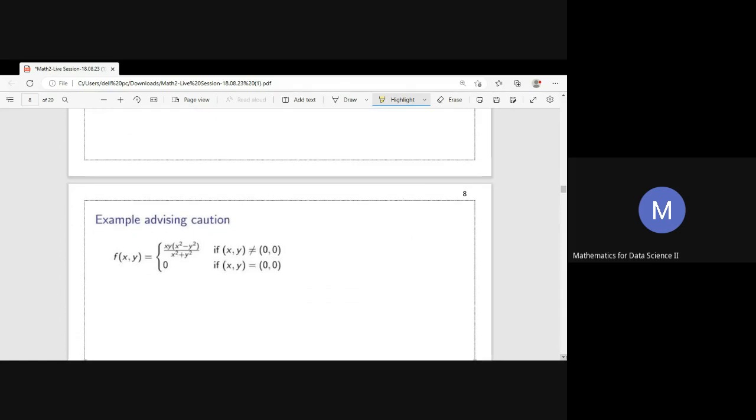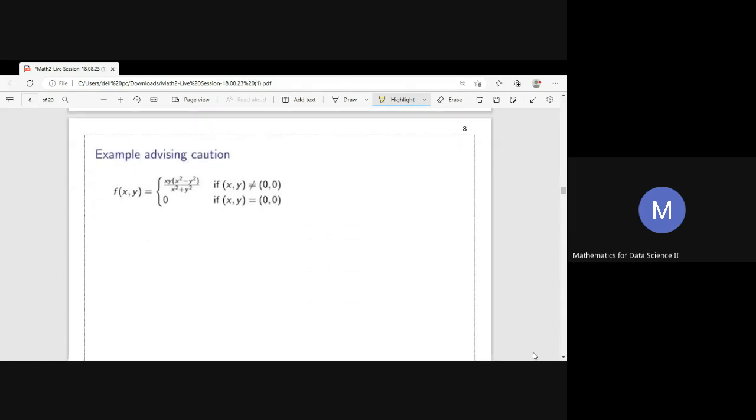So here is an example which says that without the condition mentioned above in Clairaut's theorem, fxy and fyx need not be equal. Okay. So now let us look at this condition. Now what is fx of 0 comma 0? What is the derivative of this function at the point 0 comma 0?